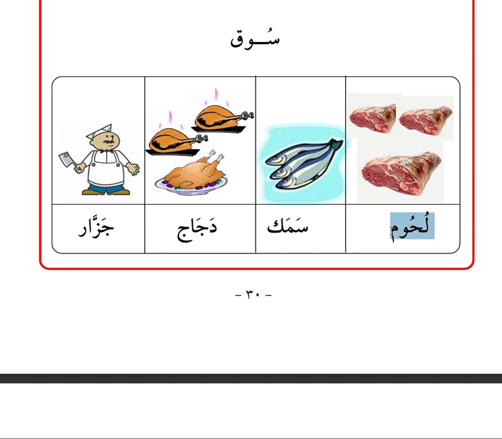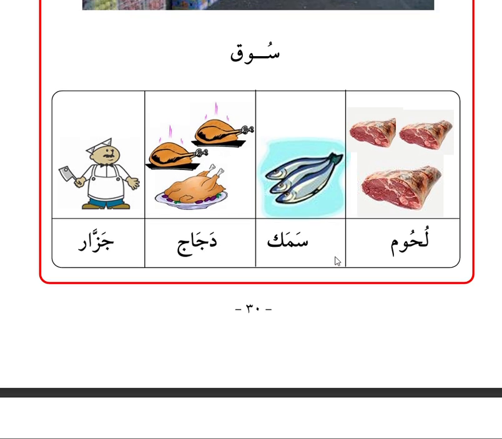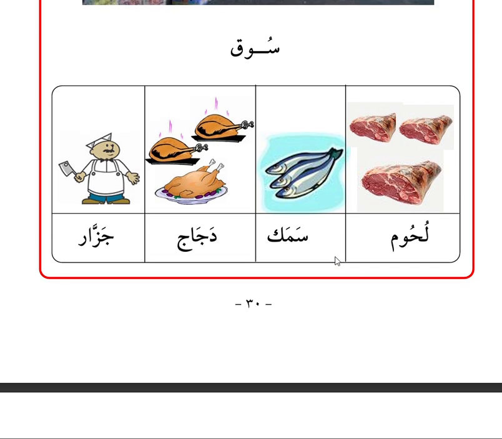First we have luhum, which means meat in plural. Then samak, fish, and dajaj, chicken. Both of these words are collective nouns, meaning that they refer to a group of things, but grammatically they are treated as singular, right? And this happens with a lot of cases in food.